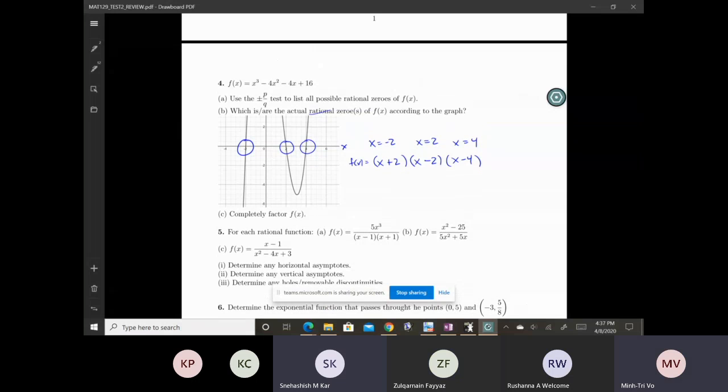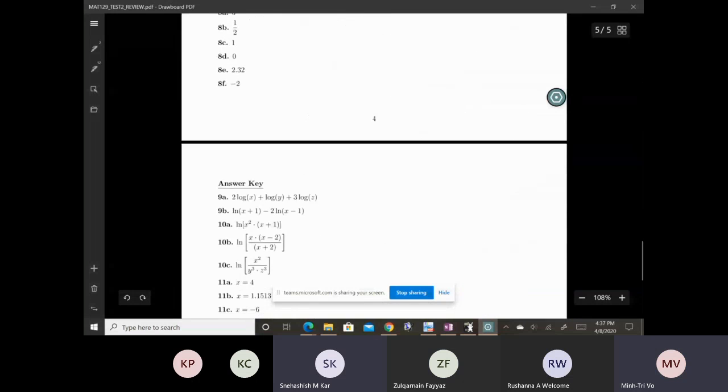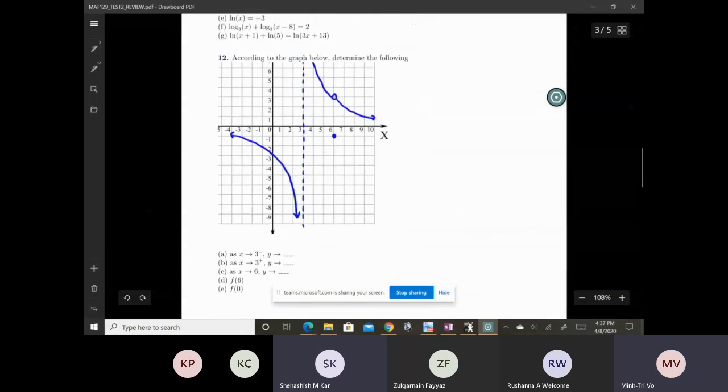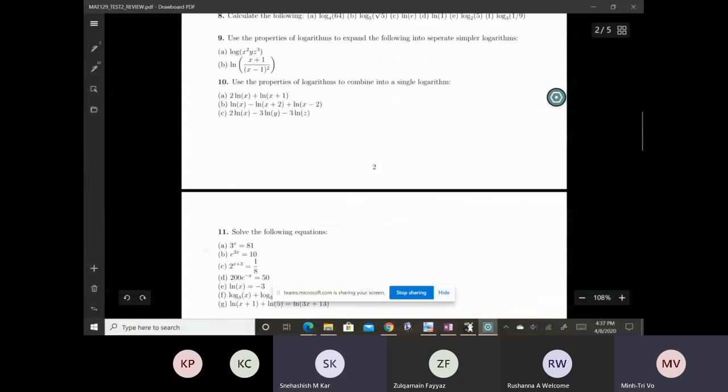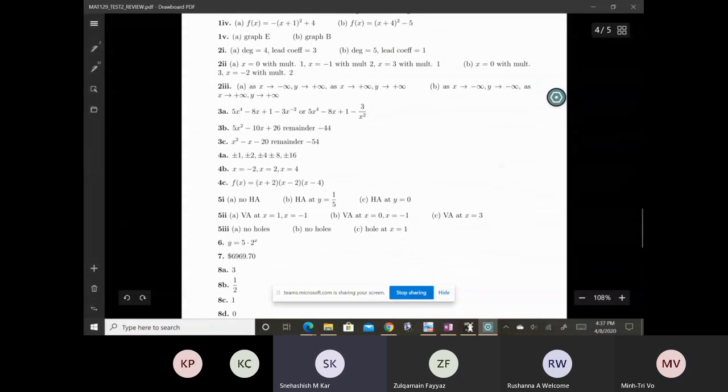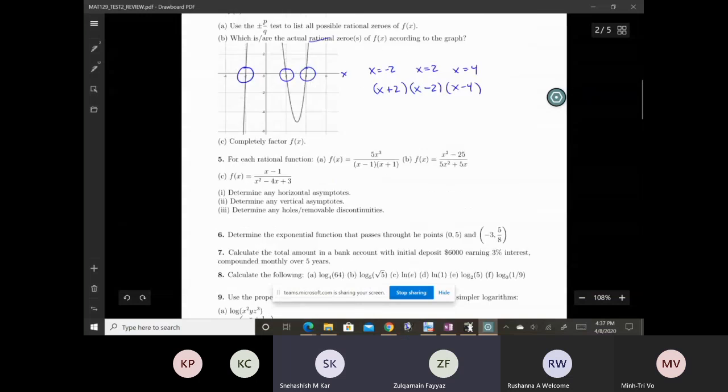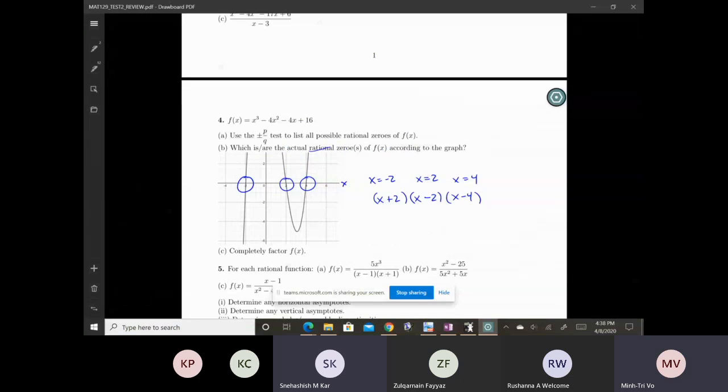So that's the answer for this one, but all the answers are there, right? Which one? You said prior to beginning to explain the answer for 4C that this factor here is actually pretty easy.